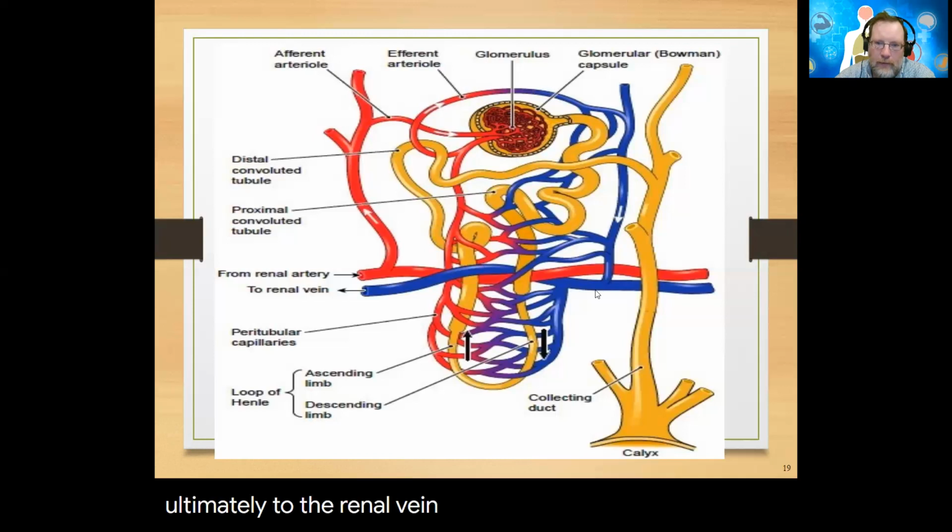Now notice too, we've got quite a bit of action down here, and also quite a bit of action around these, particularly the proximal convoluted tubule, as well as that loop.